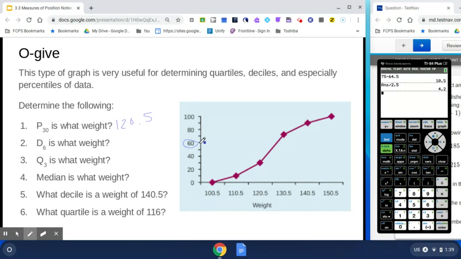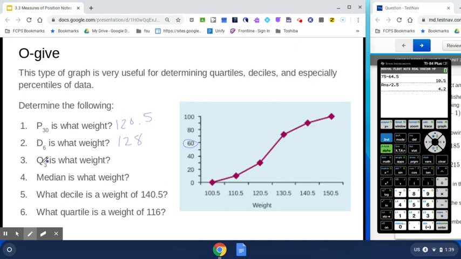So again, I'm going to go horizontally to see where it meets the graph and then drop it straight down. Looks like it's closer to the 130.5 mark. So I'm going to say that's about 128. Now, with reading this graph, we're going to have to estimate some of those values, but as long as we're close.